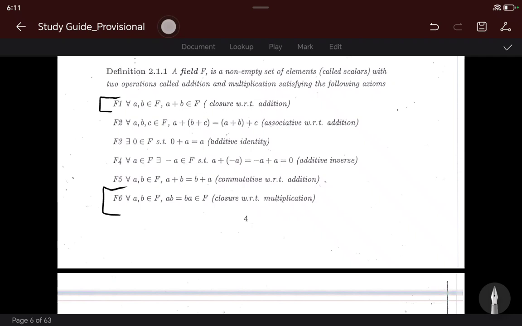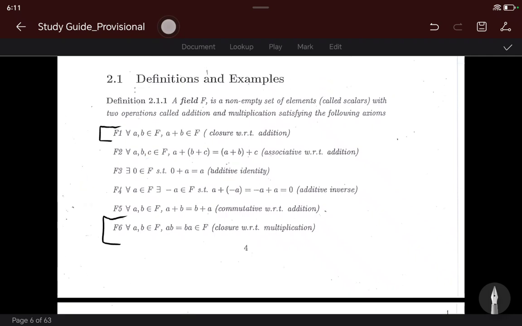The only difference between defining a field and a vector space is that with a vector space you need to take some elements. When you're defining closure under addition, you take two elements which are part of V, and then you also take some scalar which is part of F, right?